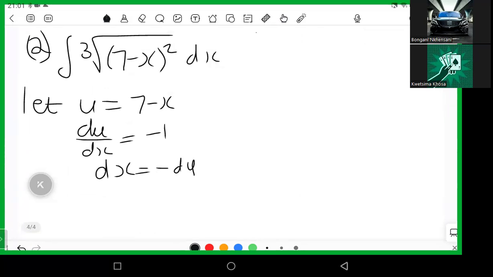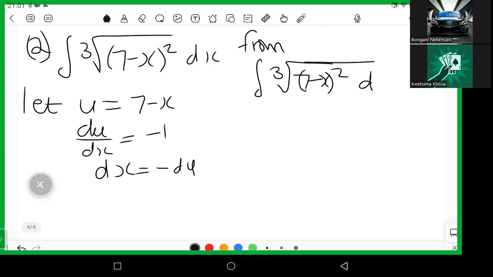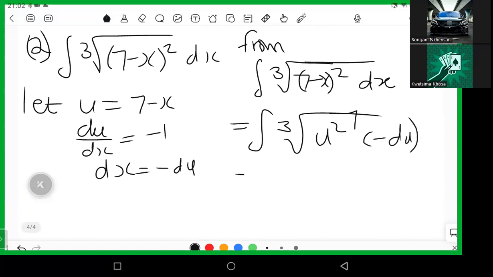And then from there, you will write from the original equation the cube root of 7 minus x all squared dx. This will be the integral of the cube root of u squared. Then dx is negative du. So this will be the integral of u to exponent 2 over 3 times negative du.